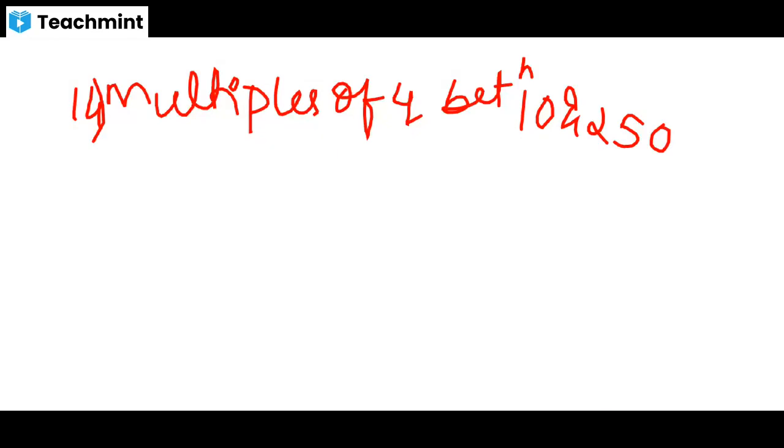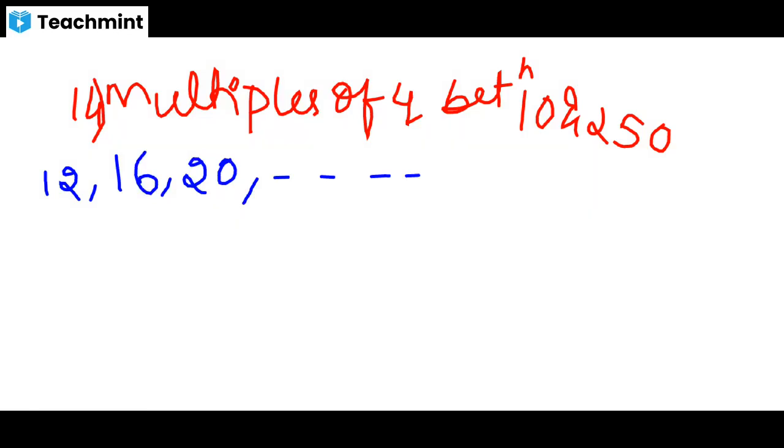So here, multiples of 4 after 10. You need not start from 10 itself, you can take 12. Next, what do you get? 16. Next, 20. And so on, up to what they have given.